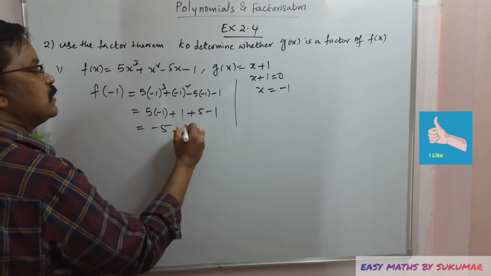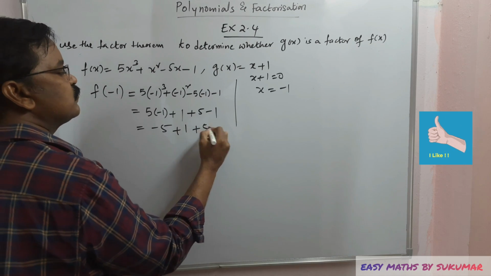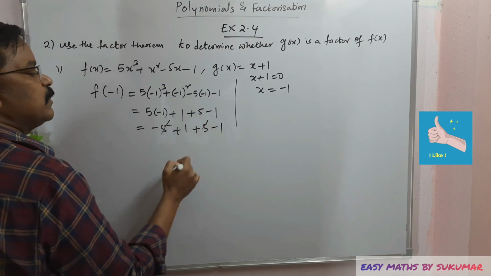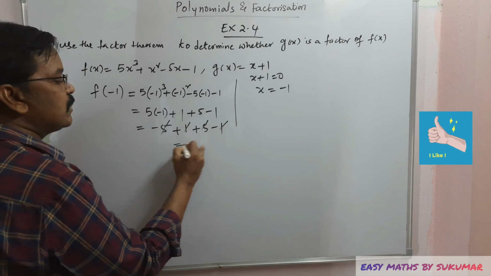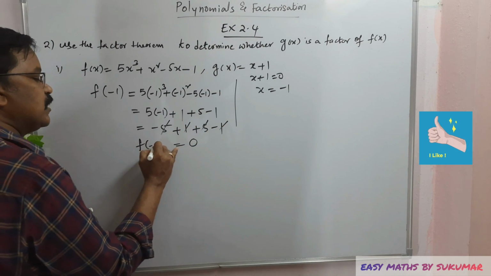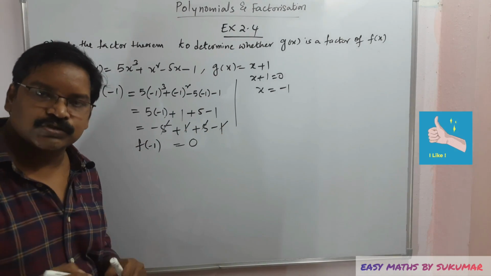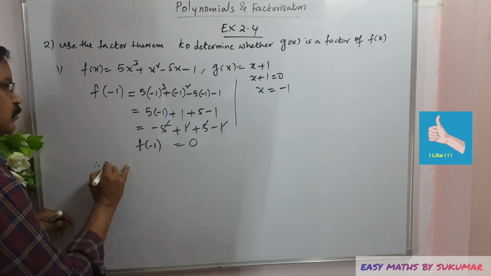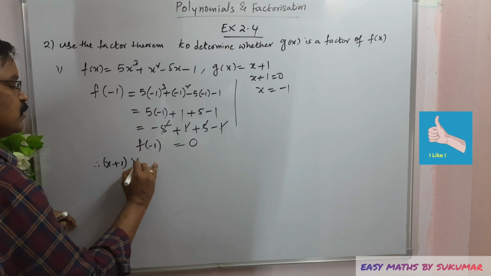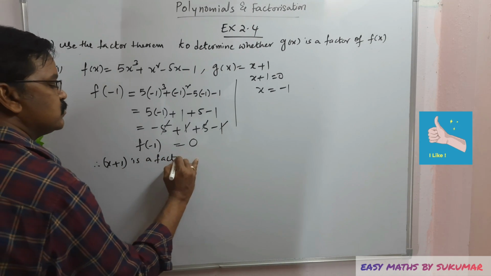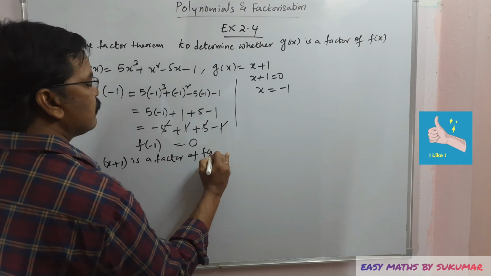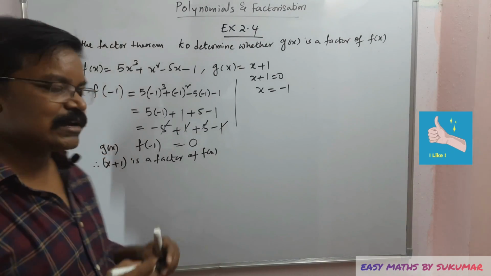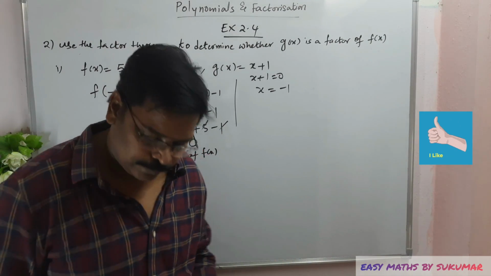So minus 5 plus 1 plus 5 minus 1: minus 5 and plus 5 cancel, plus 1 and minus 1 cancel. This is 0, so f of minus 1 is equal to 0. That means x plus 1 is a factor of f of x. So this g of x is a factor of f of x.